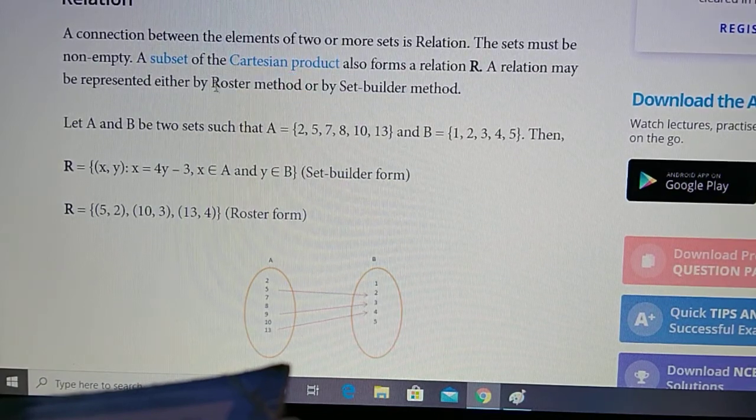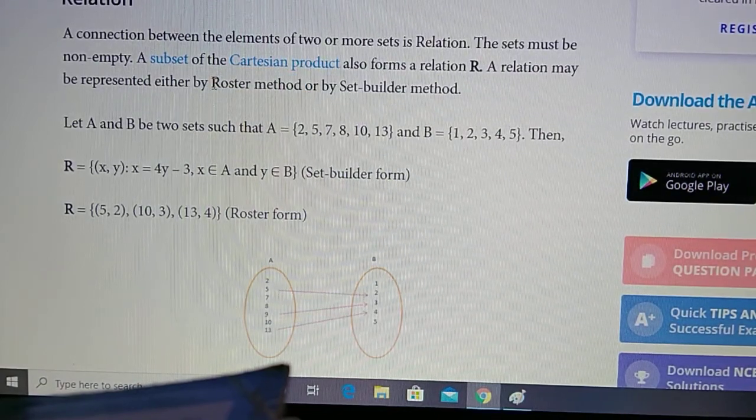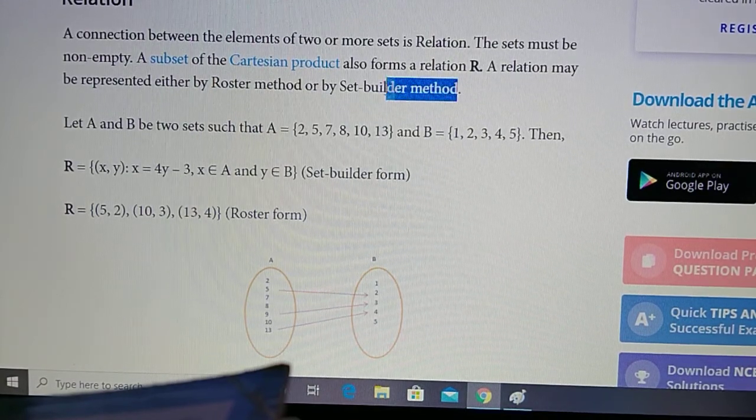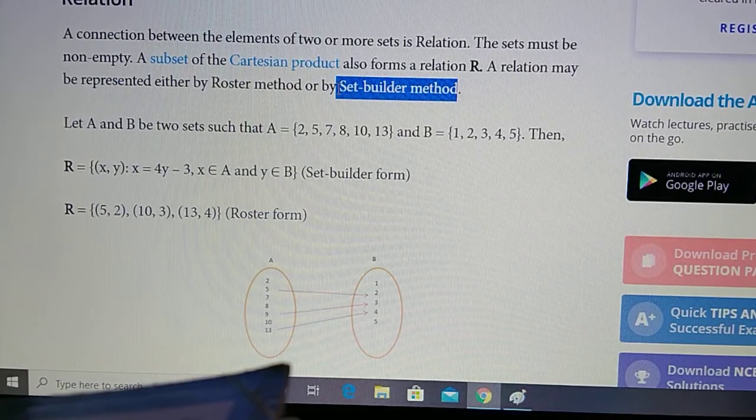The basic difference is that the roster form is written out element by element, while the set builder form is written in symbolic form.